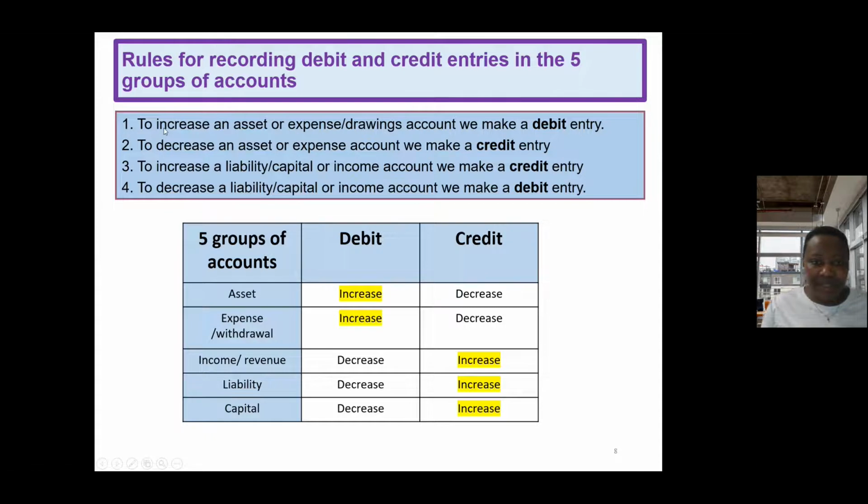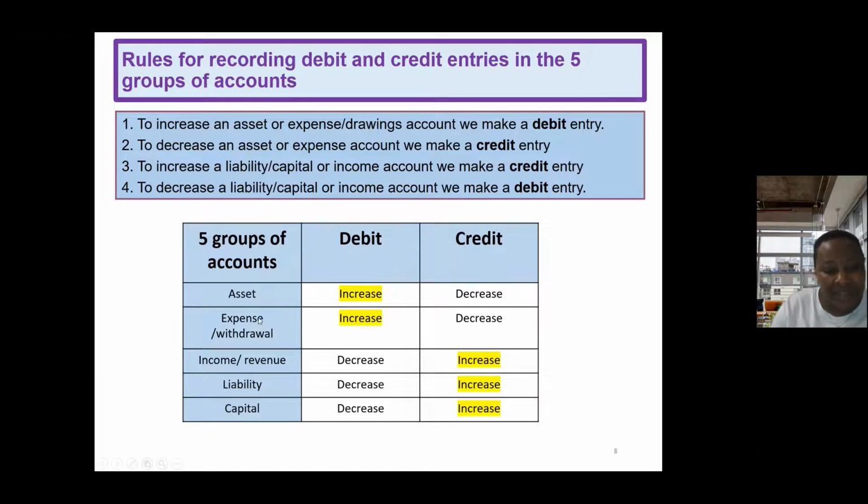So if there is an increase in assets, we look at some of the examples of assets, which we did in the existing video, where we defined what assets are. We classified them into current and non-current, and looked at examples of assets. Please watch that video if you haven't. But if there's a transaction and we see an increase in assets, or an increase in our expense or our drawing, those accounts would have a debit entry.